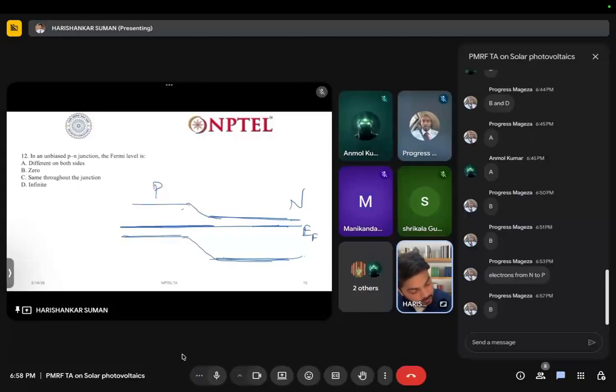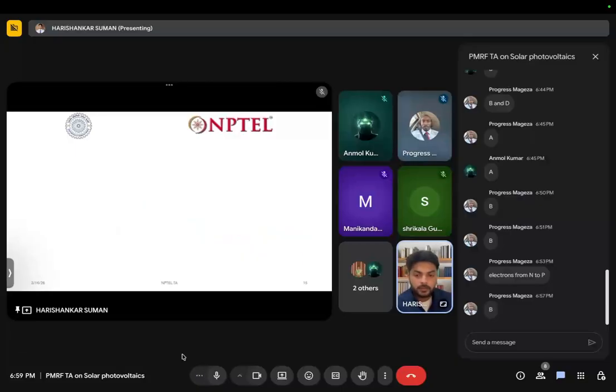This is the same throughout the whole PN junction. So it is not 0, it is the same throughout at the equilibrium point. Clear?